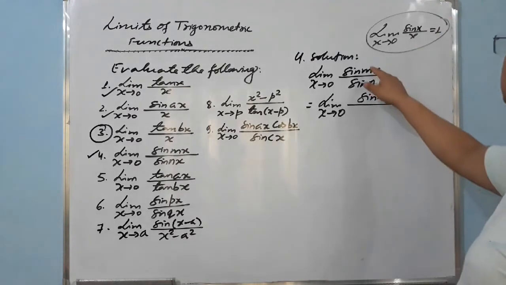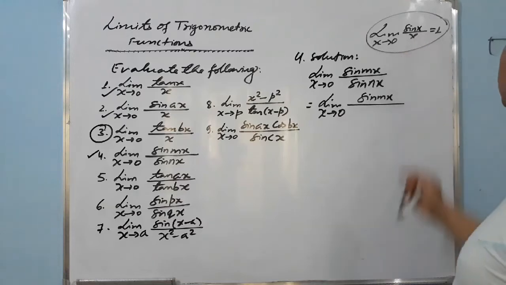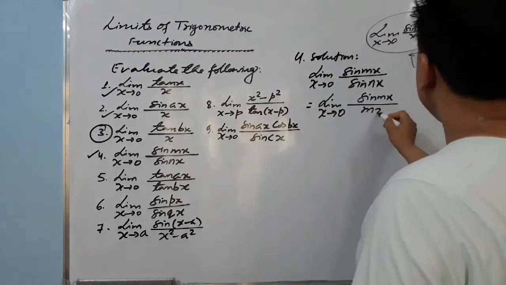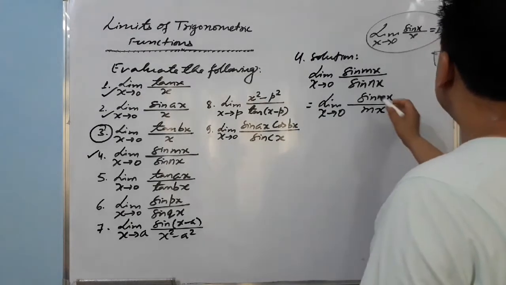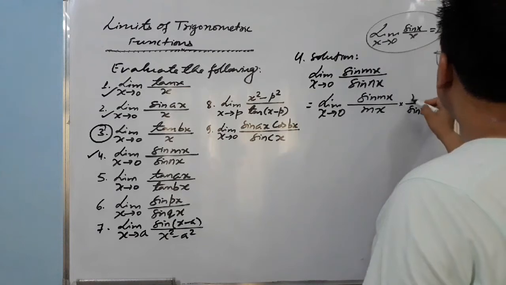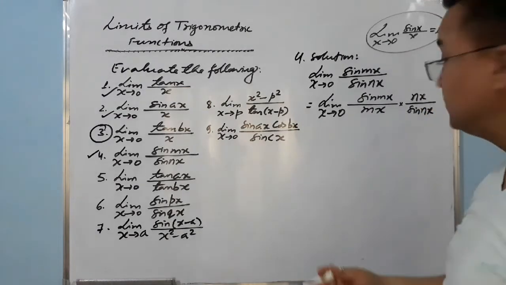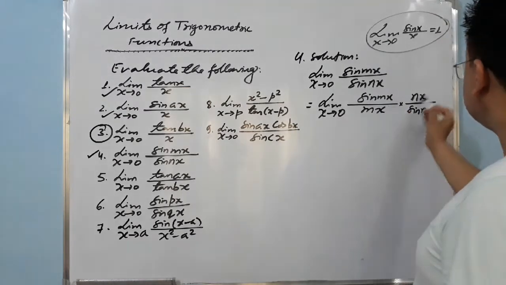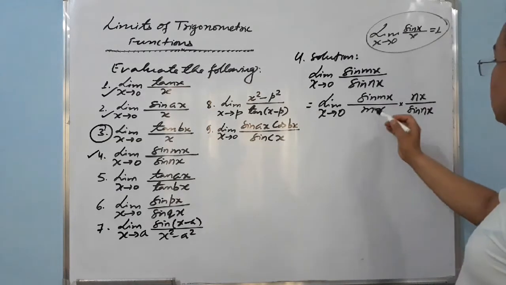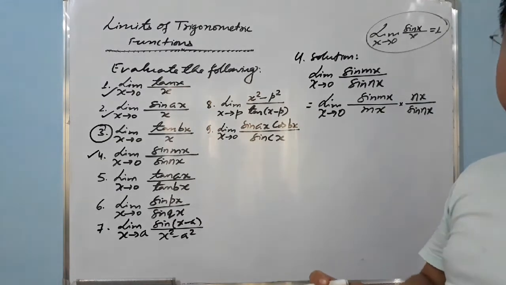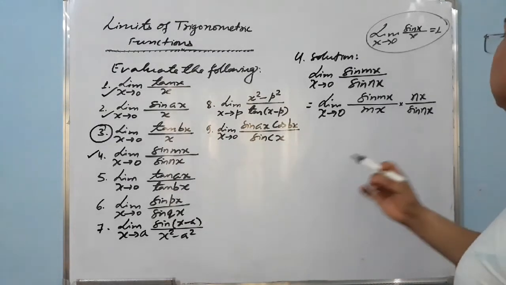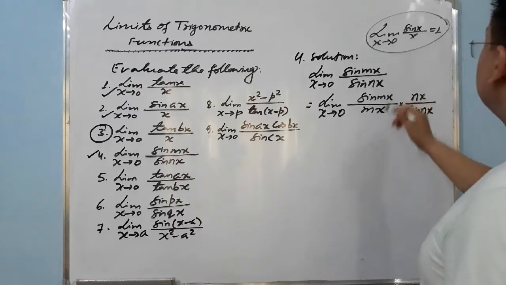Let's try to make this form. Firstly, let's make mx here, and here sine of nx. Let me write nx here as well; it doesn't matter. Now the x's are already going to cancel, and n over m is an extra factor in multiplication with this function.